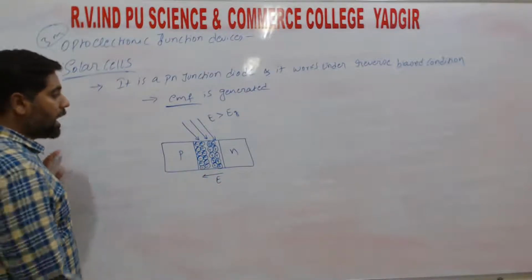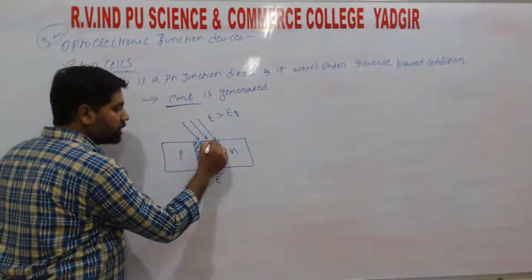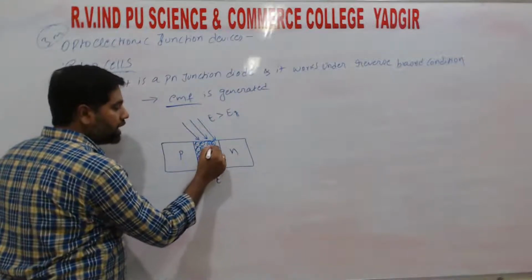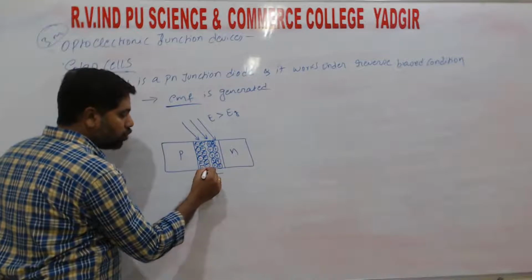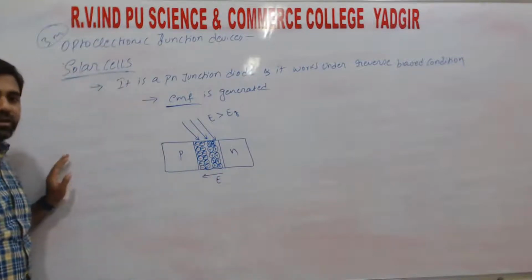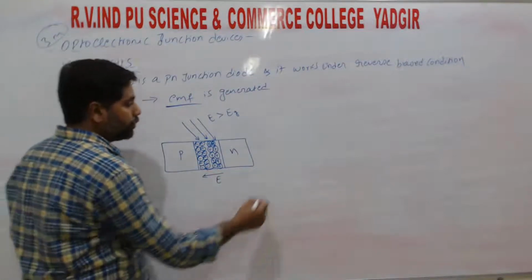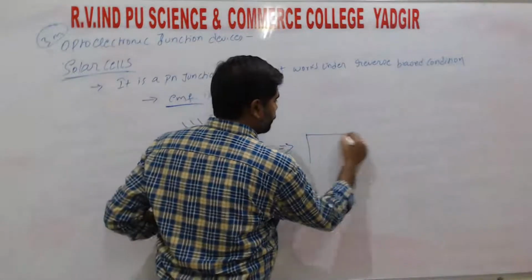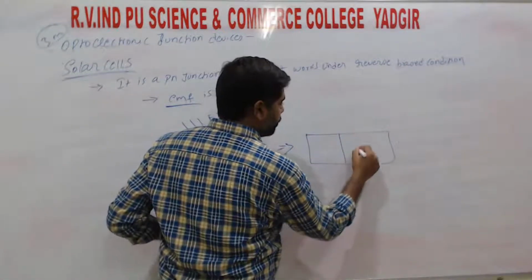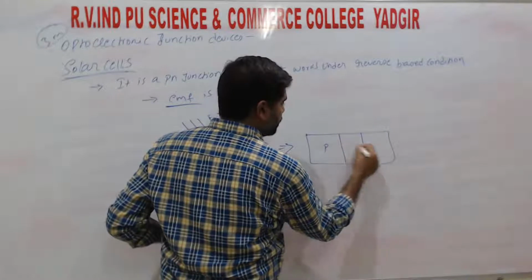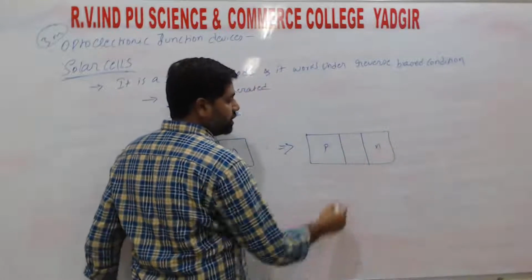Next what happens? The electrons will diffuse, that is electrons will move towards the N region and holes move towards the P region, right? So this one is P region, here is N region, right?